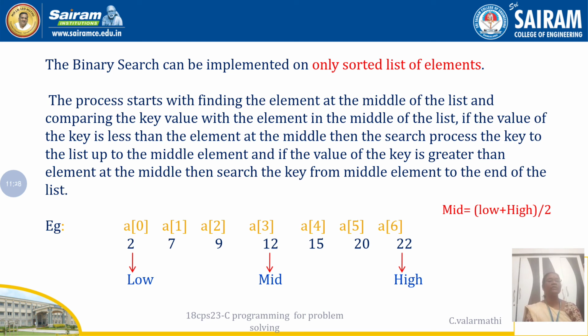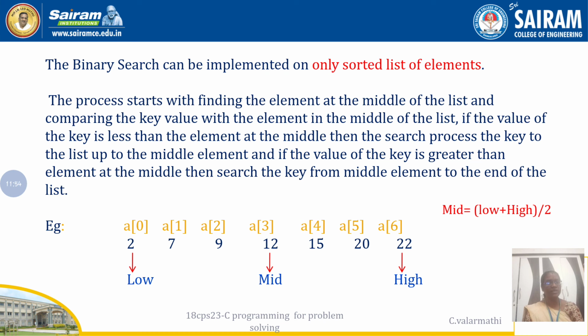So after that, the mid value is A of 5. What is the value stored in A of 5? 20. Now the comparison will go. Here 20 is greater than 15, so the searching element should be in the leftmost part.